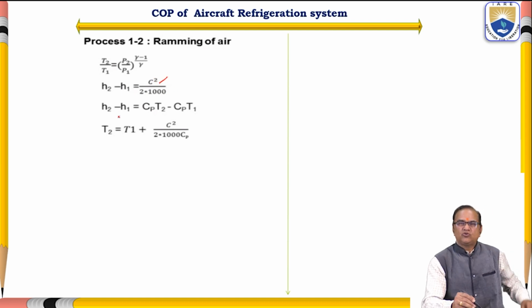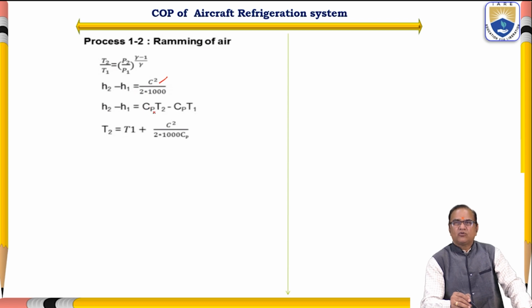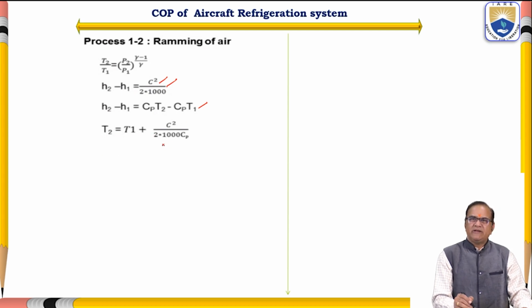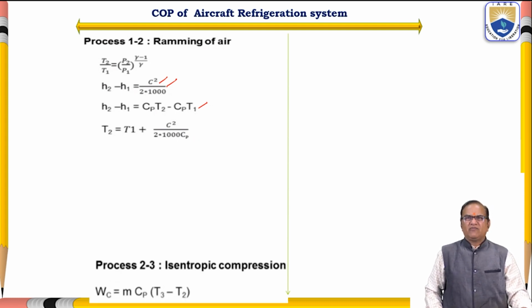This H2 minus H1 is also equal to Cp T2 minus Cp T1. So T2 is equal to T1 plus C square by (2 into 1000 Cp). So we got one relation, T2 in terms of T1.